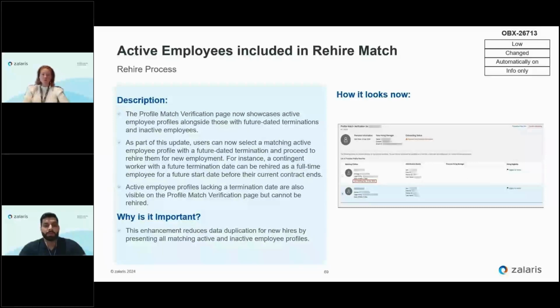As part of the update, users can now select matching active employees' profile with the future dated termination and proceed to rehire them for a new employment. The example is a contingent worker with a future dated termination date can be rehired as a full-time employee for a future start date before their current contract ends. So this will save a lot of time for the organization, and this is a very cool feature for the contingents and for the continuation of the employments.